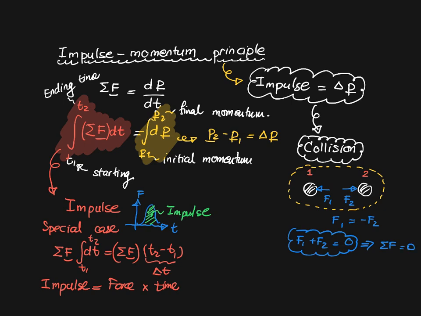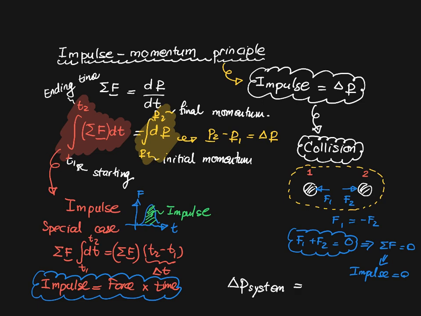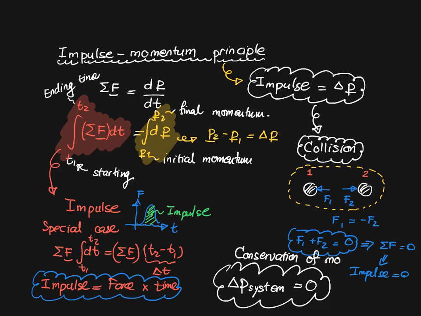And because the net force is 0, the impulse, which is force times time, is going to be 0. And when this impulse is 0, the change in momentum of the system must be 0 as well. So that's why we say that delta P of the system is going to be 0. And we have conservation of momentum.